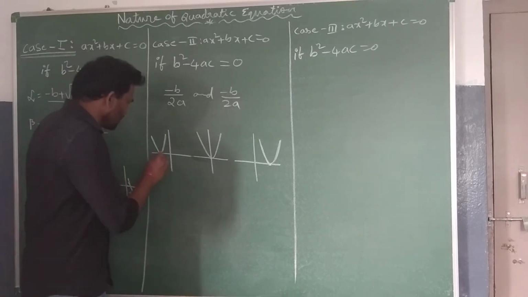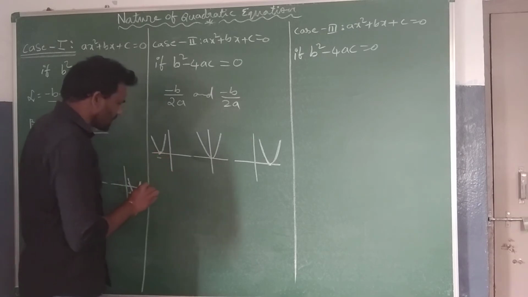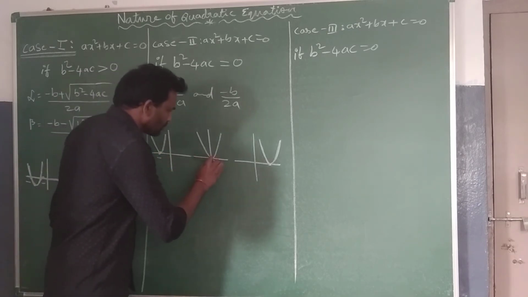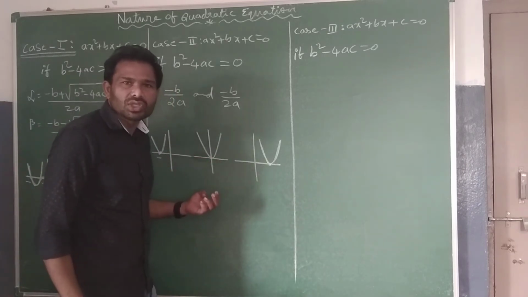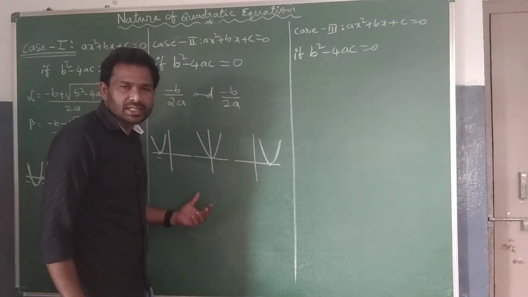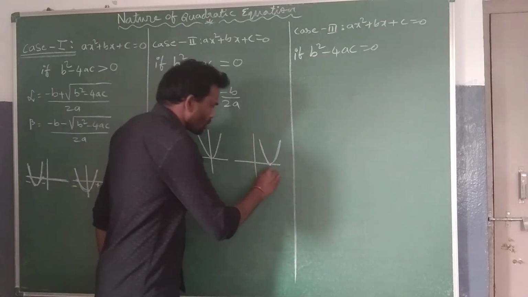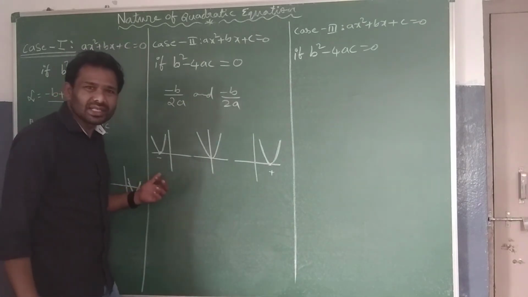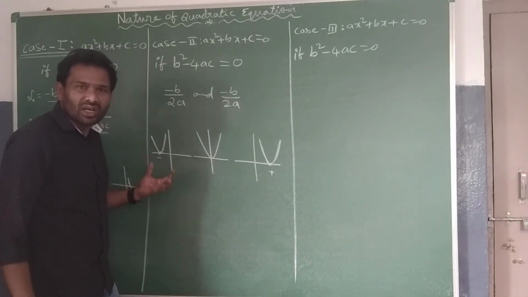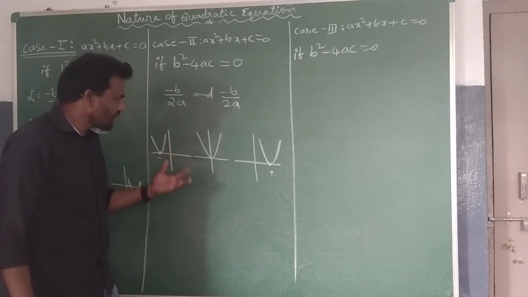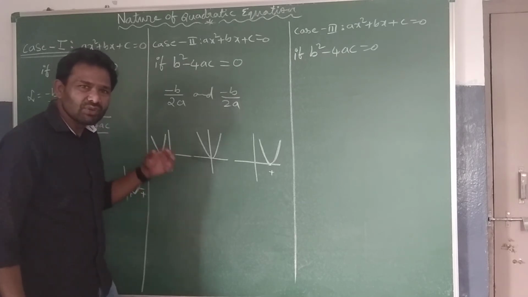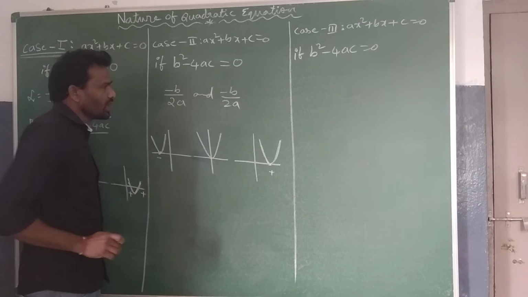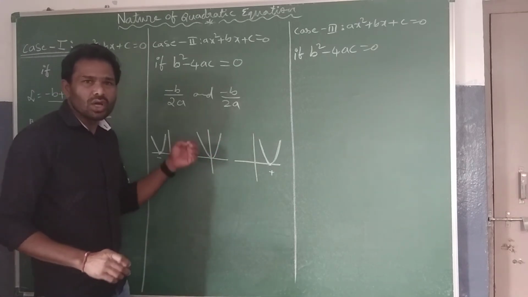That means at a negative place, then exactly at the origin, and the next exactly at a positive place. So here two equal roots, like 1 and 1, 2 and 2, 3 and 3, 4 and 4, like this they will exist. That means minus b by 2a and minus b by 2a.